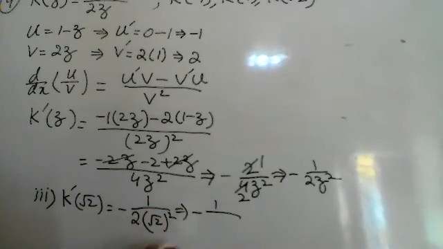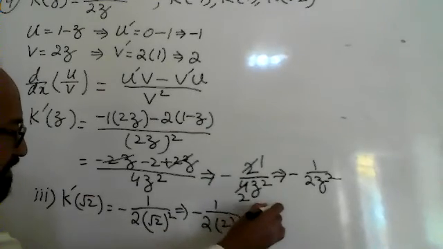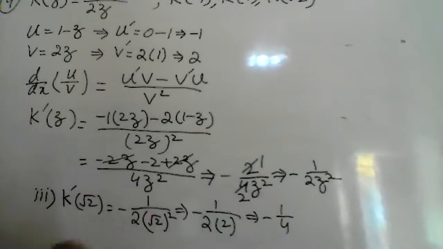Minus 1 upon 2 under root 2 square will be 2. The answer is minus 1 upon 4.